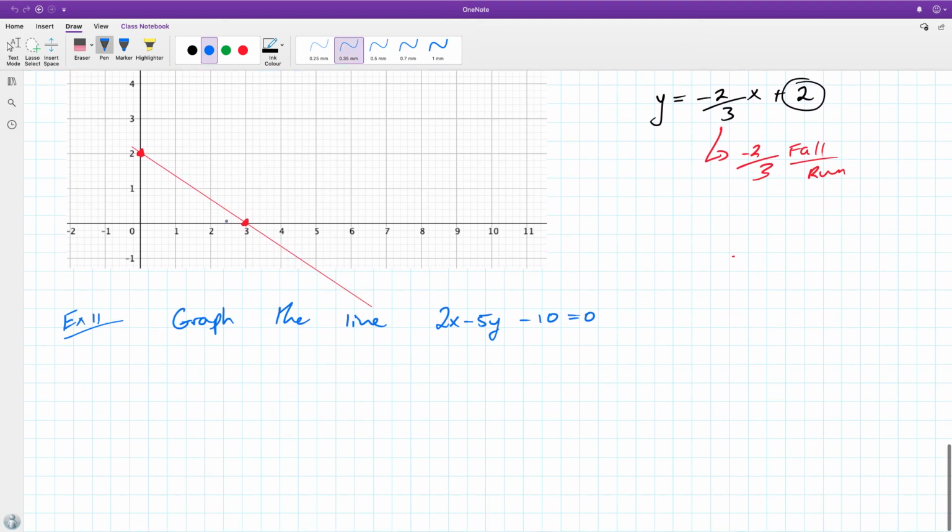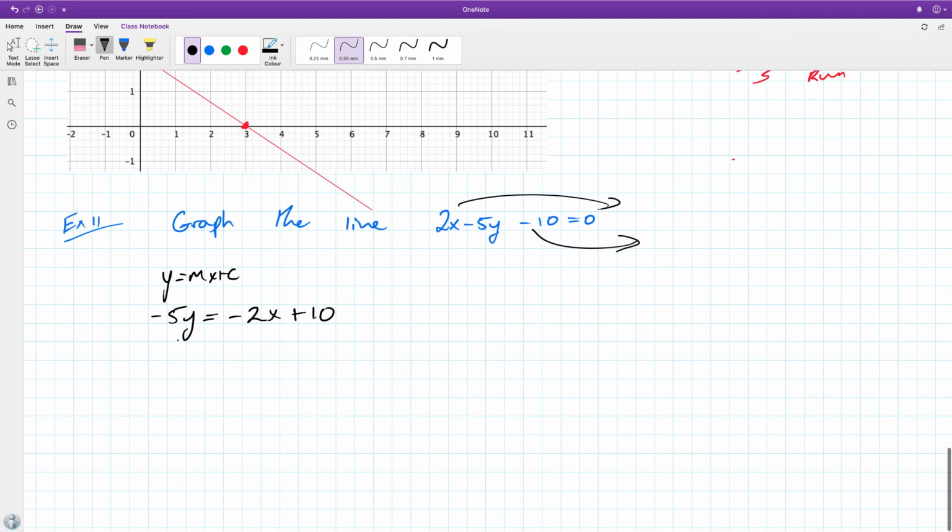So, first things first, we're going to use our formula y equals mx plus c. That is minus 5y is equal to minus 2x plus 10. Because 2x comes over and minus 10 comes over and we must change the sign. Then divide across by minus 5, minus 5, minus 5.